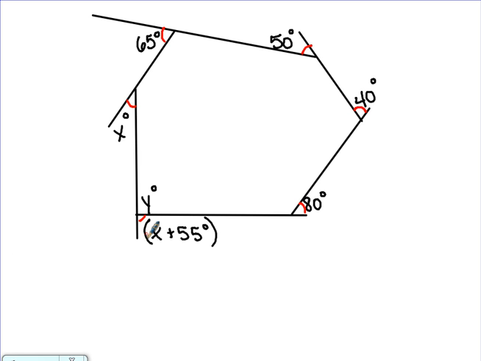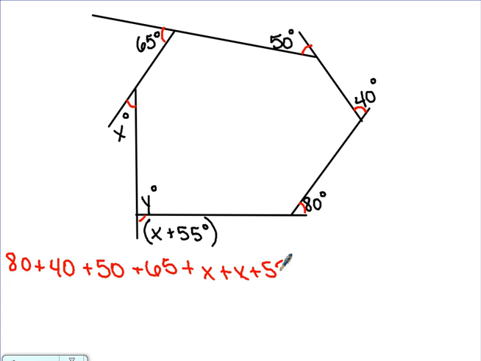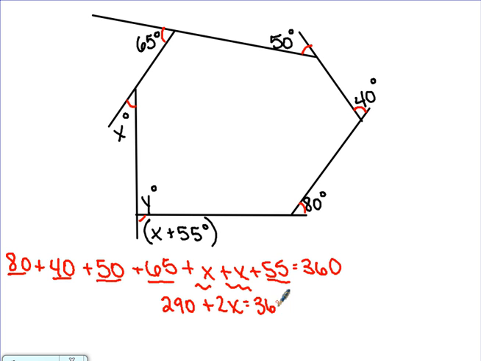We've got 80 plus 40 plus 50 plus 65 plus x plus 55 is equal to 360. If we combine like terms, 80 plus 40 plus 50 plus 65 plus 55 is 290, and x plus x is 2x. So we have 290 plus 2x equals 360.